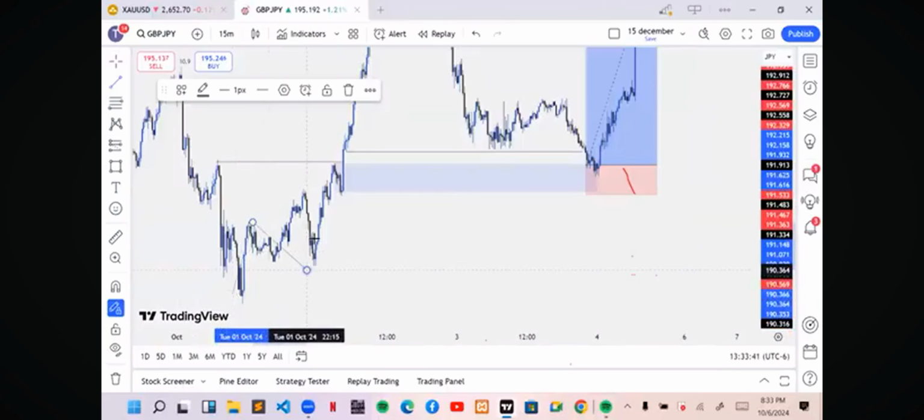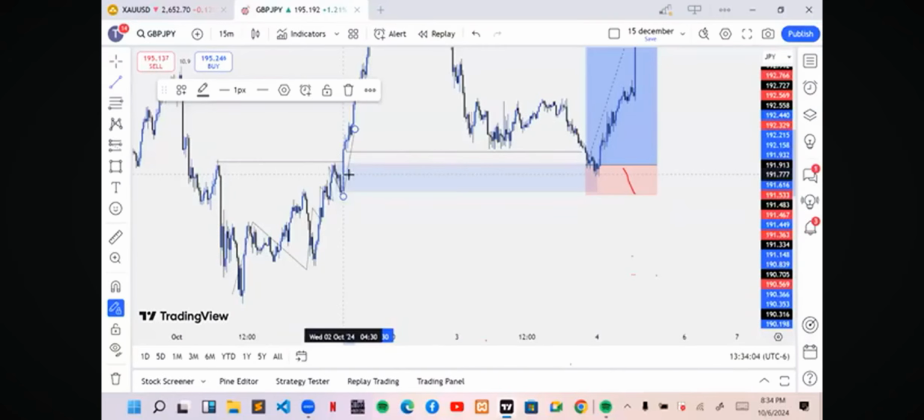Higher highs and higher lows, higher highs and higher lows. Then what did it do? It broke past this key level, being a resistance zone, but it still broke past it while maintaining the uptrend that it was on before. This is the difference between a break of structure and the market structure shift.